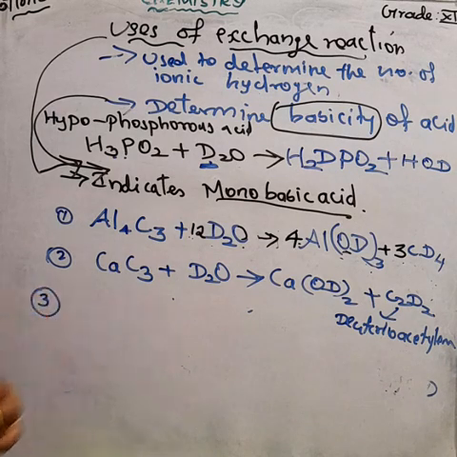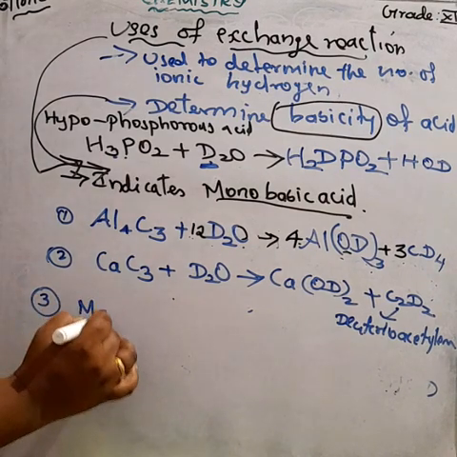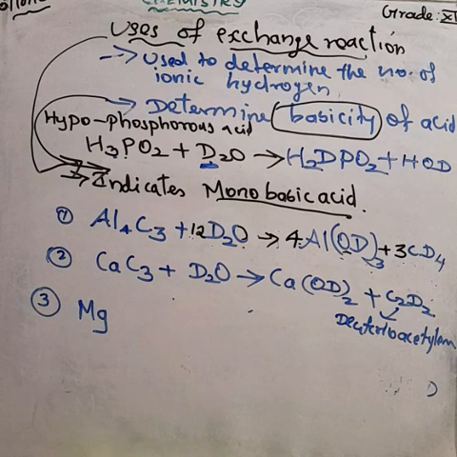Another example here is magnesium nitride. What is the formula for magnesium nitride? Mg3N2.